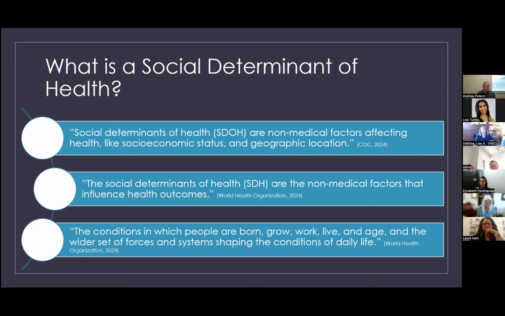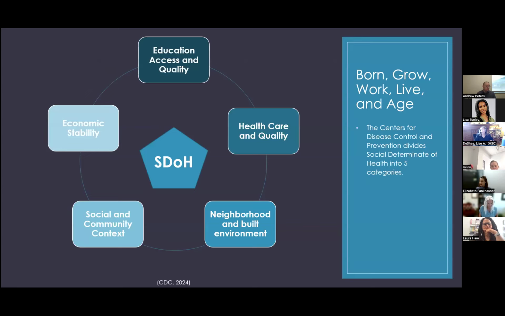And the World Health Organization expands even more to explain that social determinants of health are the conditions in which people are born, grow, work, live, and age, and the wider set of forces and systems shaping the conditions of daily life. But how do you define where we are born, grow, work, live, and age?